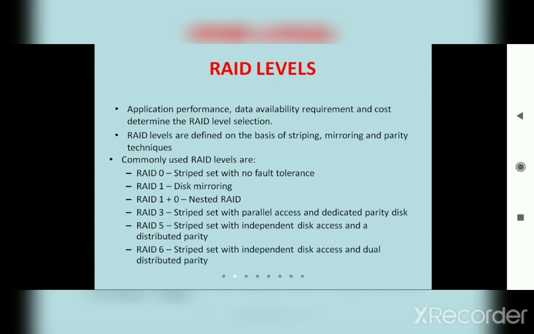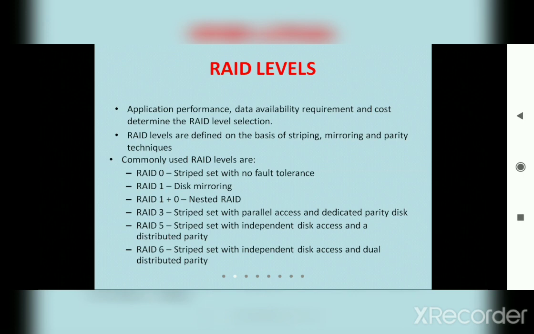Either I apply striping first and then mirroring, or mirroring first and then striping. The third is RAID 3, where I combine striping and parity. Even in RAID 5, I again do striping with parity. And in RAID 6, again I combine striping and parity.